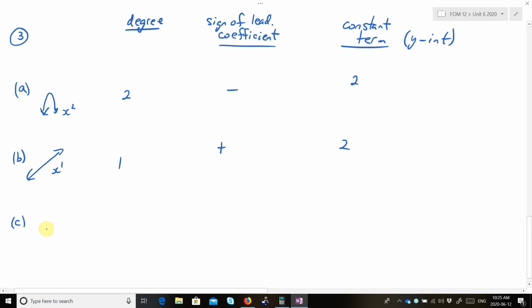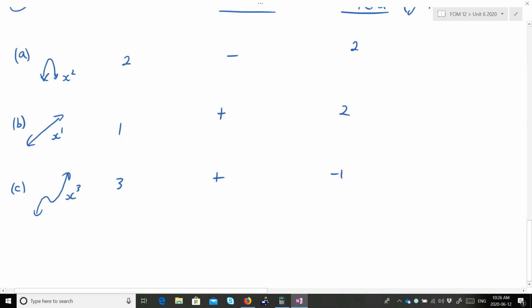Letter C looks roughly like this. Okay, so that's a cubic. That's an x to the 3, so it's degree 3. It's moving up and to the right, so the leading coefficient is positive, and the constant term is the y-intercept. It is hitting the y-axis at negative 1. And then letter D looks like this.